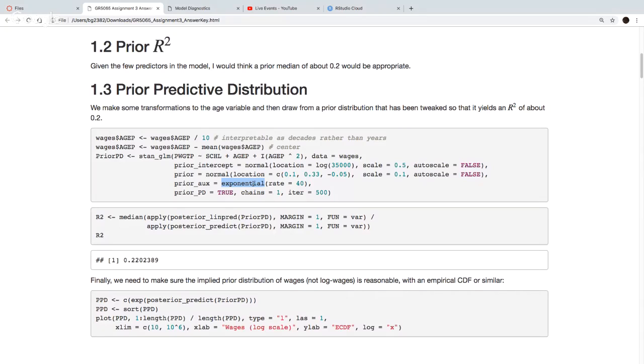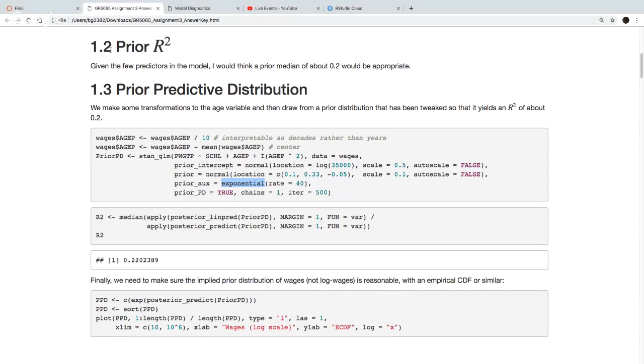But honestly, I just kept playing around with it until I got the R squared that I thought would be right. The errors are normally distributed in these models. We don't know sigma, the standard deviation of the errors, but we have a prior about it, which is going to be strictly positive and often skewed.